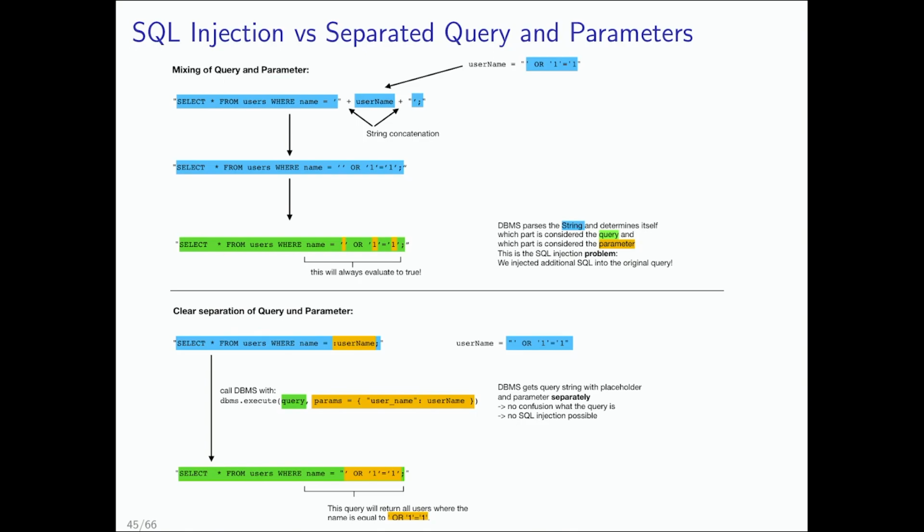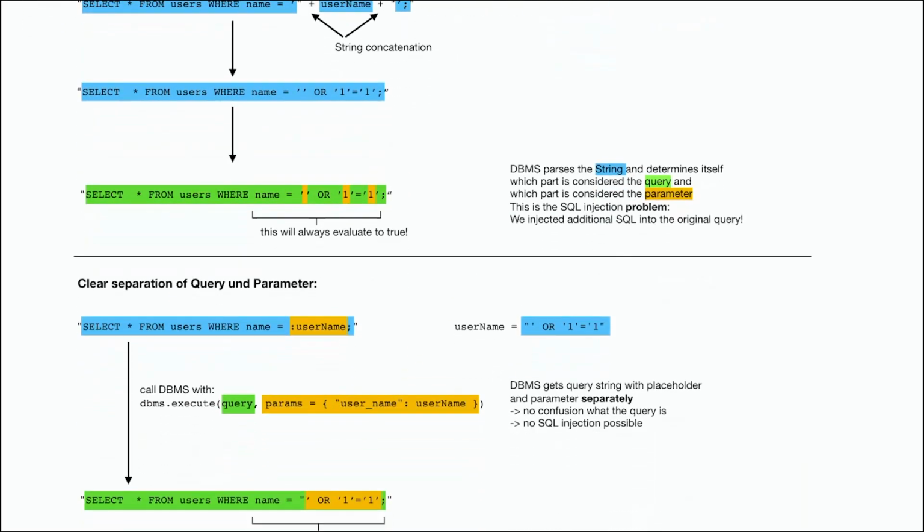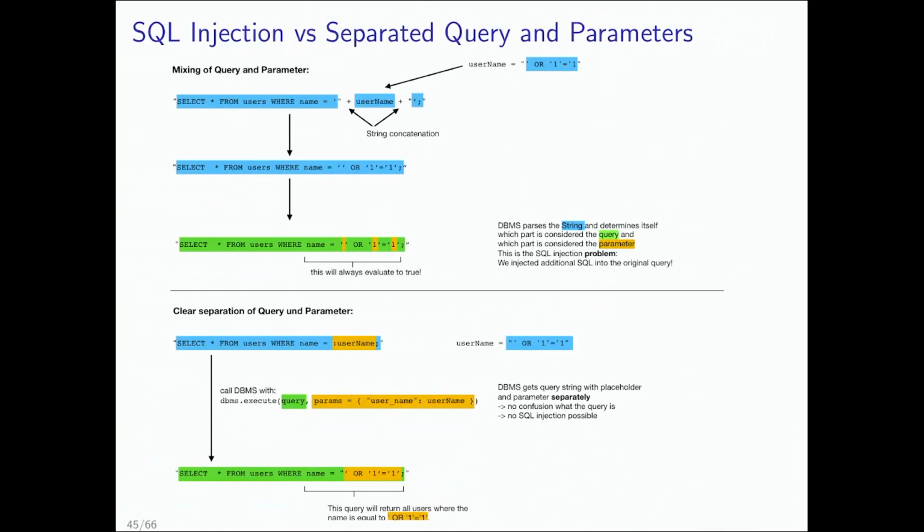You should only use SQL where you have a placeholder. We have that in our Python notebooks, where when you phrase a query that has a parameter, you write it like this, in this syntax: a colon and then the variable name.